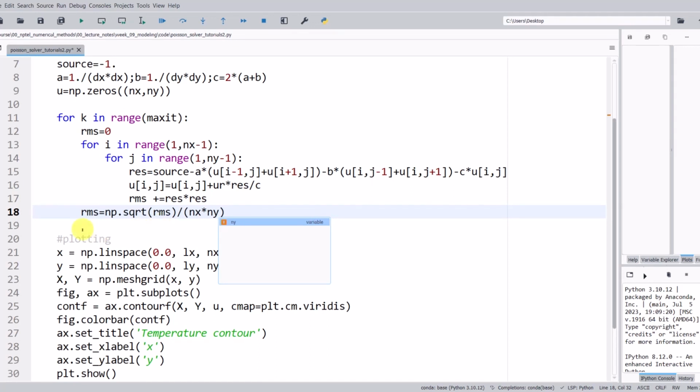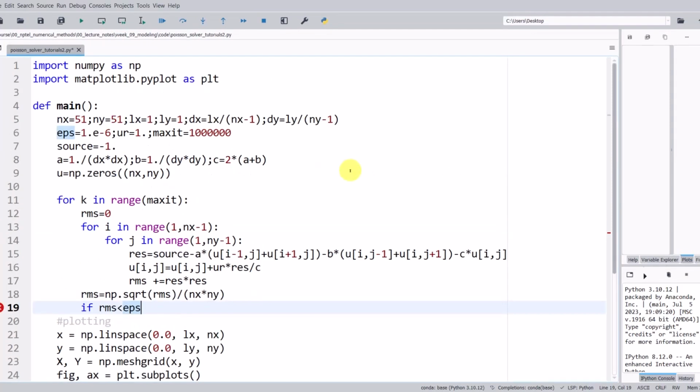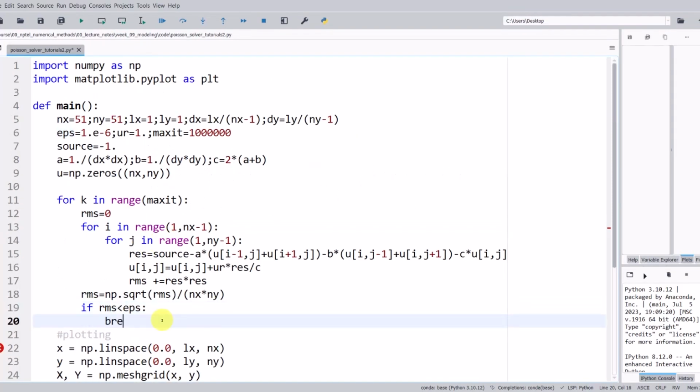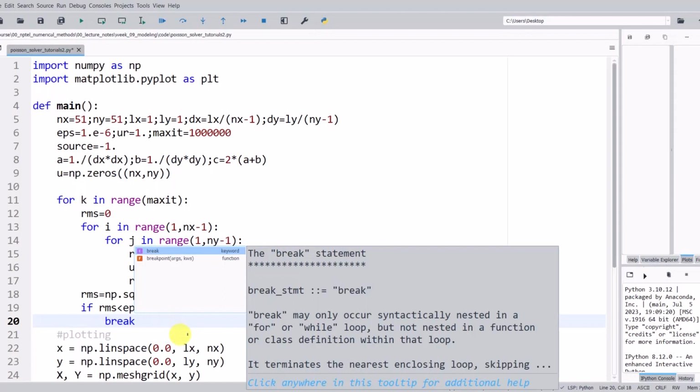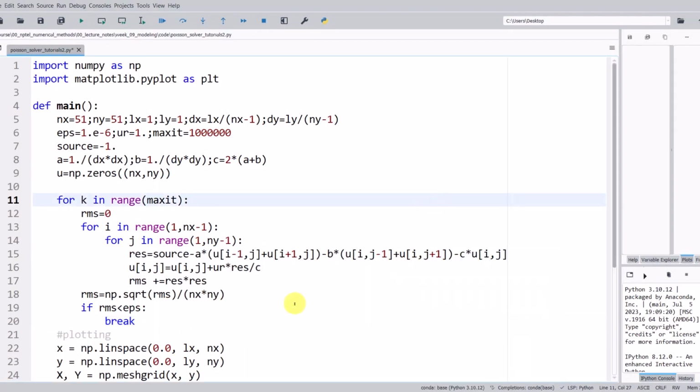The effect of that minus 1 will be small, and so this calculates the RMS. Then we have to break the loop if RMS is less than this epsilon value that we have set. Okay, so this is pretty much what it is.